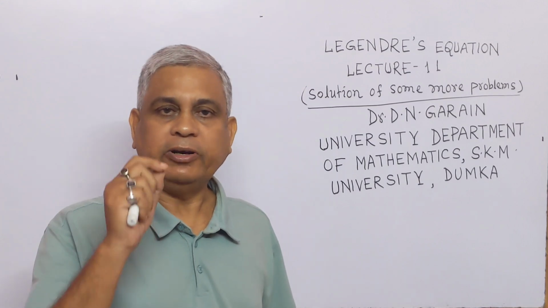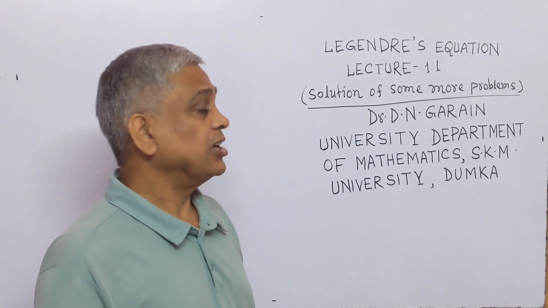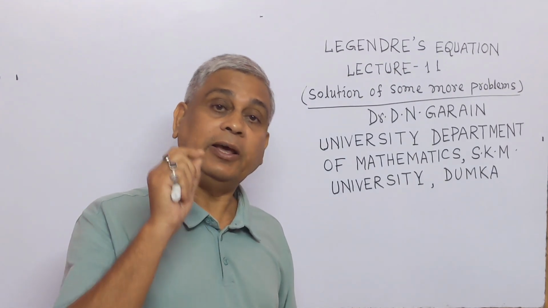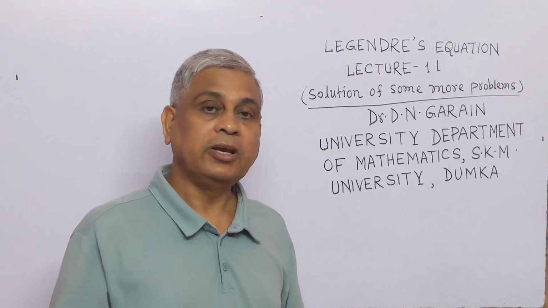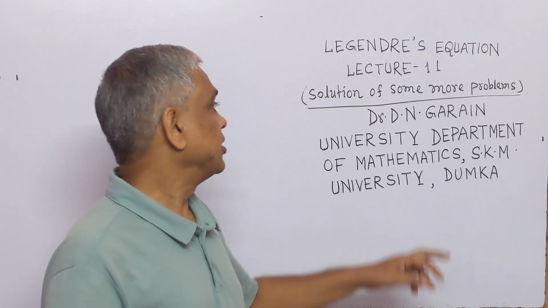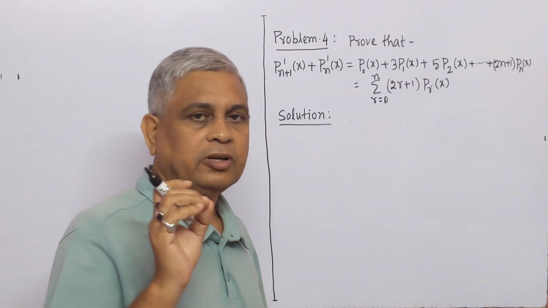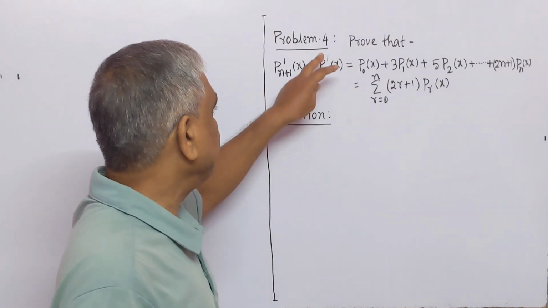Today I will tell you our lecture on Legendre's equation, lecture number 11, in which I will solve some more problems on Legendre's polynomials. Now we solve problem number 4.